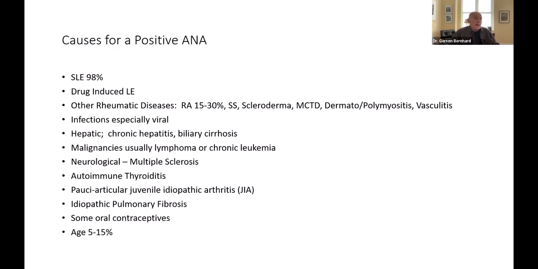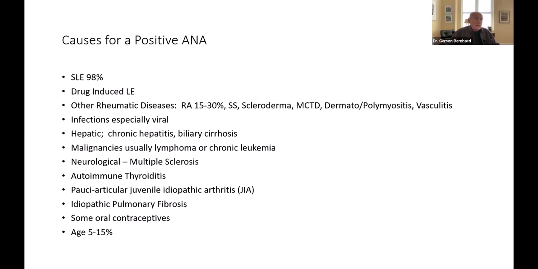Now let's look at the ANA. It's a nice survey test, as I said. 98% of patients with SLE, drug-induced SLE, also will have a positive ANA. There are other rheumatic diseases, even in rheumatoid arthritis, a modest number, and Sjogren's syndrome, scleroderma, mixed connective tissue disease, vasculitis of all forms. We often see usually low titer positive ANAs. There are certain viral infectious diseases in which you can see a positive ANA.